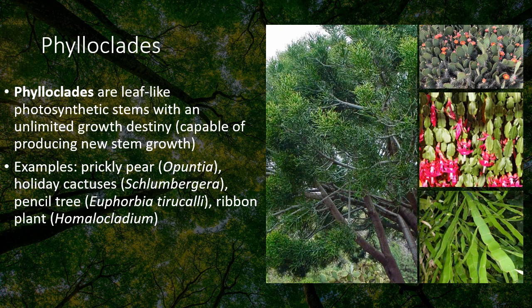Or the ribbon plant, Homolocladium, which is not a super common plant in horticulture industry, but you can find it occasionally for sale as a house plant. And you can see the nodes on the stems, the phylloclades of the ribbon plant very clearly because each one is marked by a line. And we can see that there are lateral shoots of more phylloclades emerging from that central phylloclade in that bottom right-hand image.